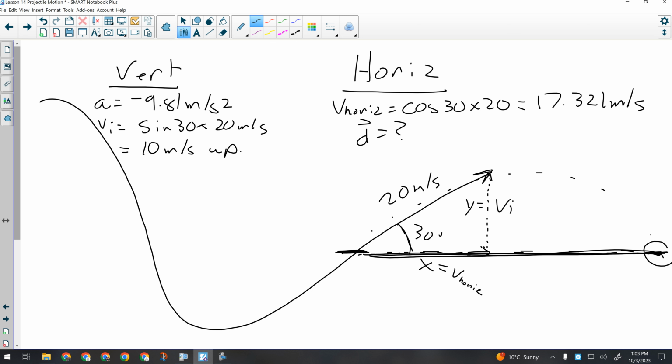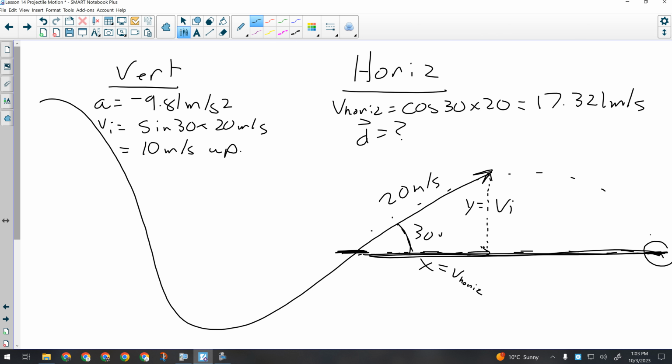How does your speed when you hit the other side compare to the speed when you left? How do they compare? They're the same.